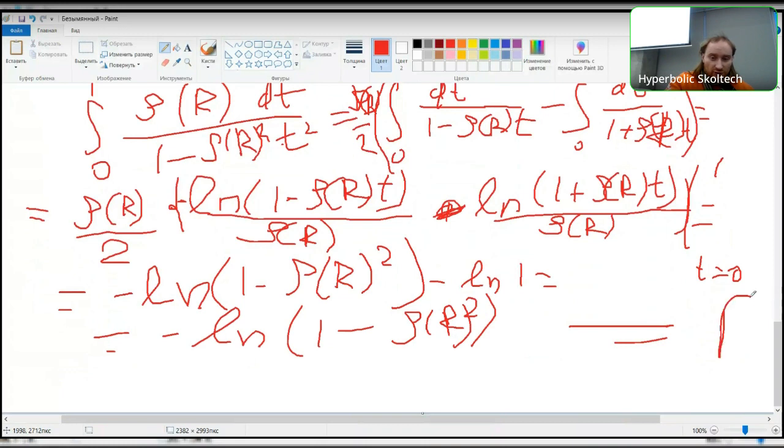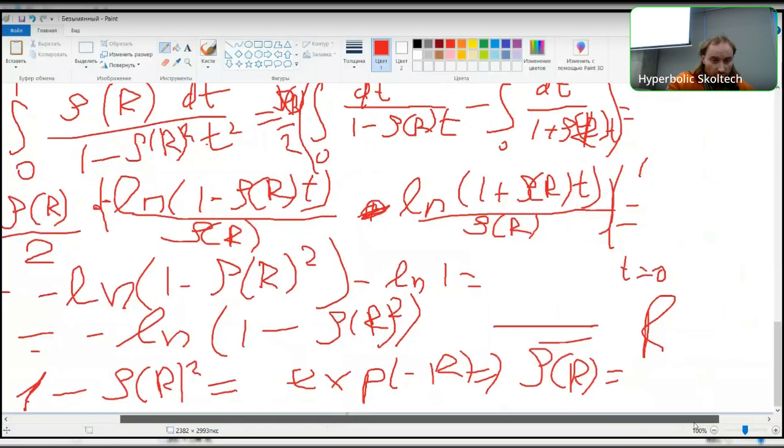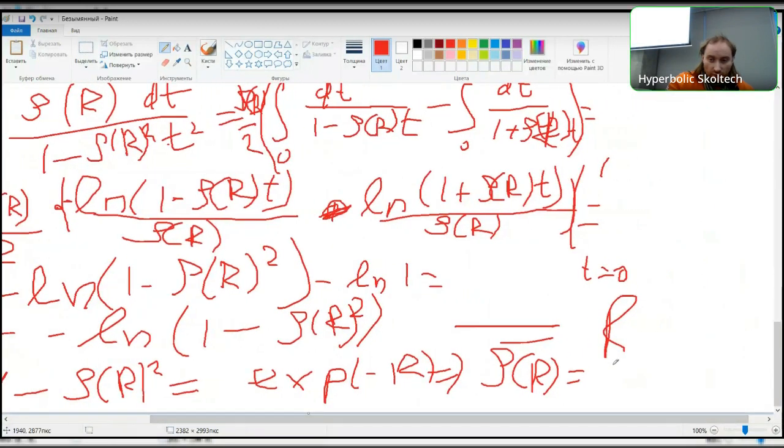And we remember this equals r, so 1 minus rho of r squared equals exponent of minus r. So we know that rho of r equals 1 minus square root of 1 minus exponent of minus r, right?